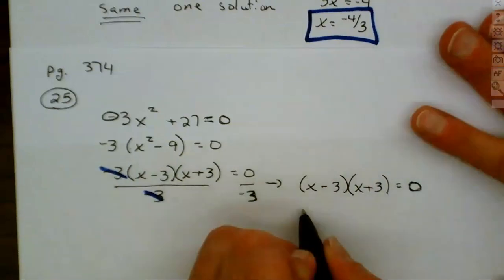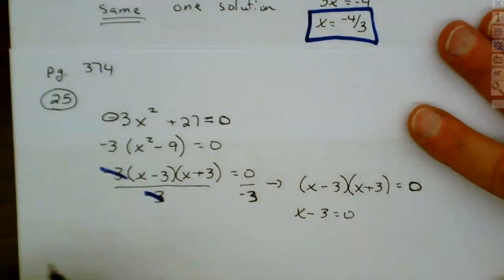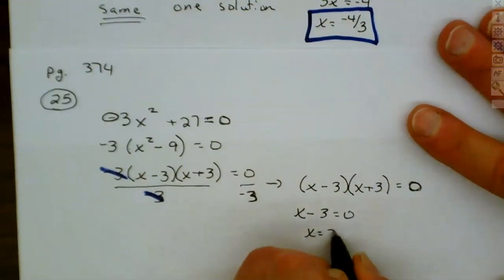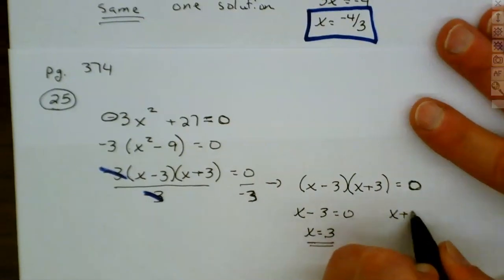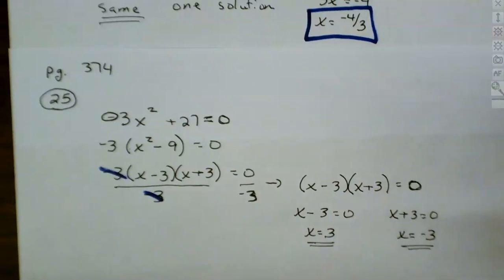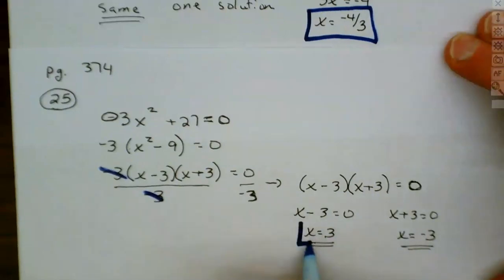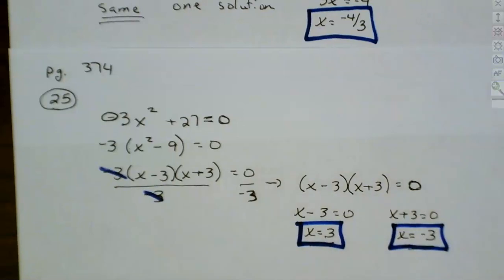Now, what are my solutions going to be? Well, we have x minus 3 equals 0. So moving that over, we've got x equals 3. And what's our other one? x plus 3 equals 0. So moving that over, well, we've got a negative 3. So we have a positive 3, and we have now a negative 3, and those are your two solutions.